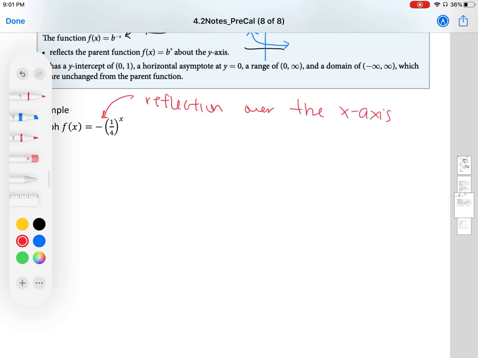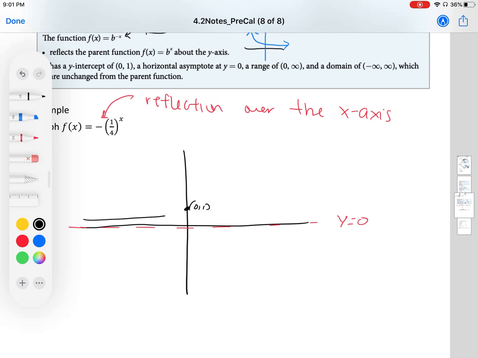And that's about it. So I have my exponential function, and I still have my horizontal asymptote at 0. But now, instead of going this usual way with that point (0, 1) going this way, it will now go through (0, negative 1) this way.